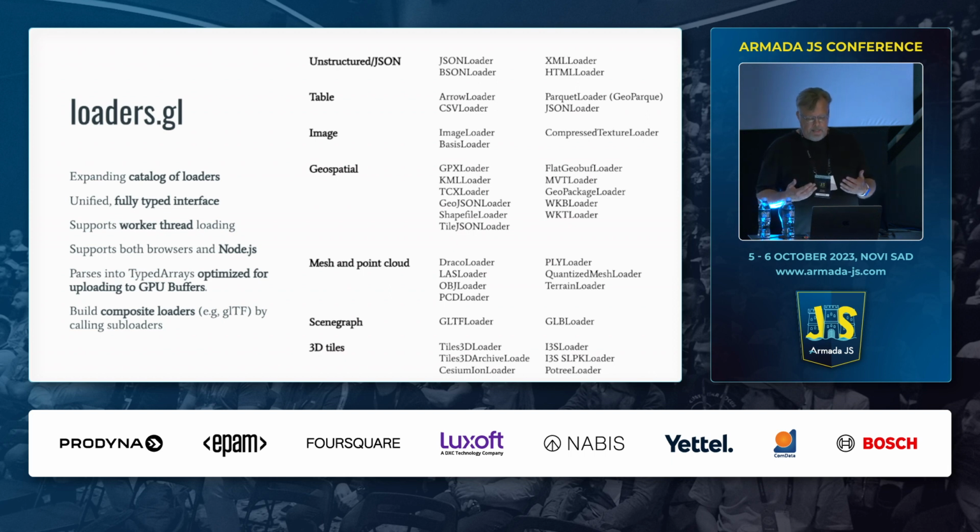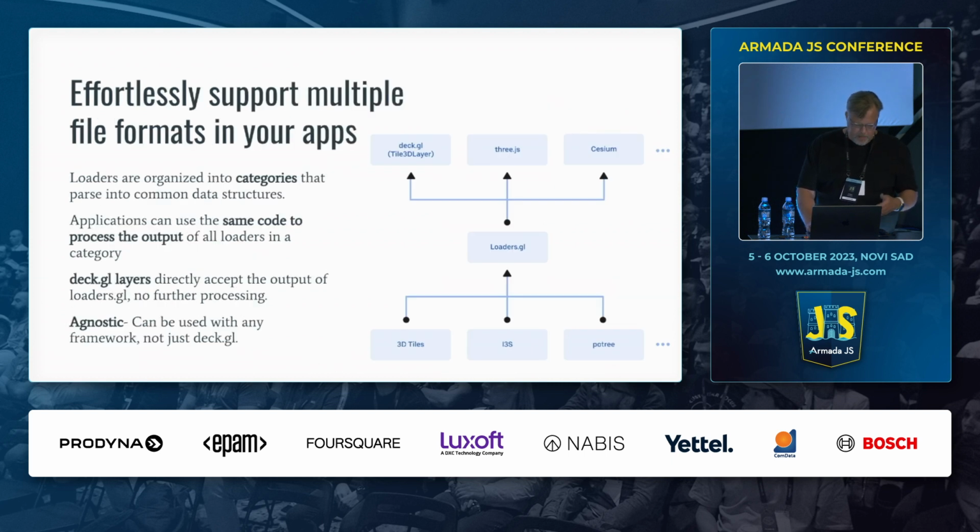But it offers loaders in a variety of categories, and these loaders load data into basically the same format, if they're geospatial tables or so on, and you can expect the data to come back to be very similar, and it makes it very easy to work with. You can support multiple formats with a low effort, and that's basically what we're saying here.